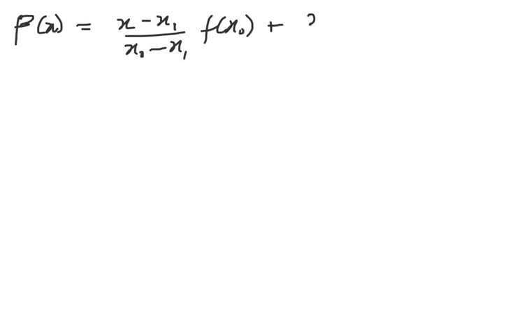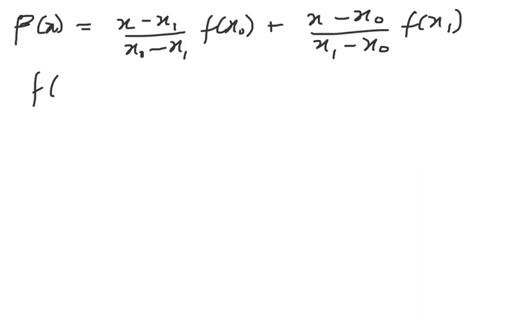I have P of X given by L1. If I want, I can even substitute the value of L0, which is X minus X1 over X naught minus X1, times F of X0, then plus X minus X naught over X1 minus X naught times F of X1.